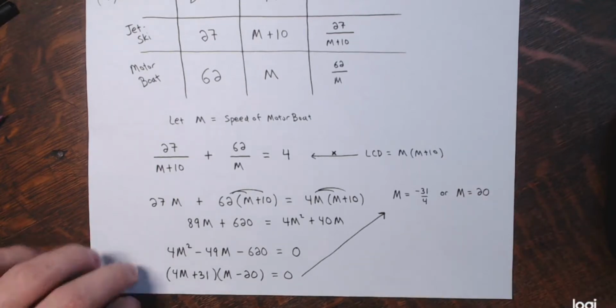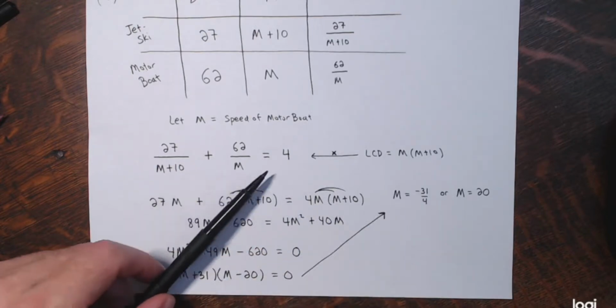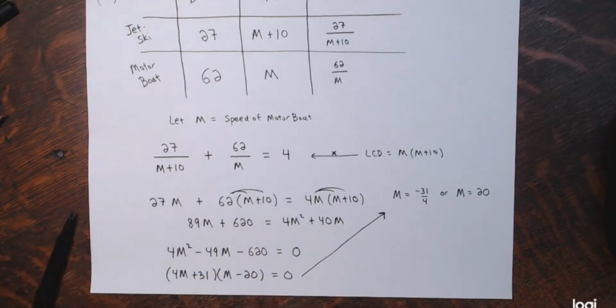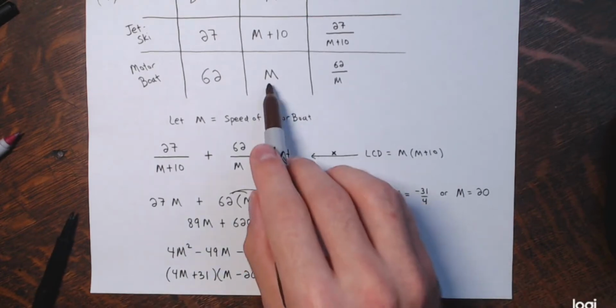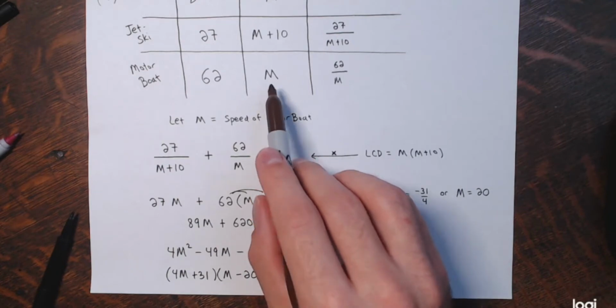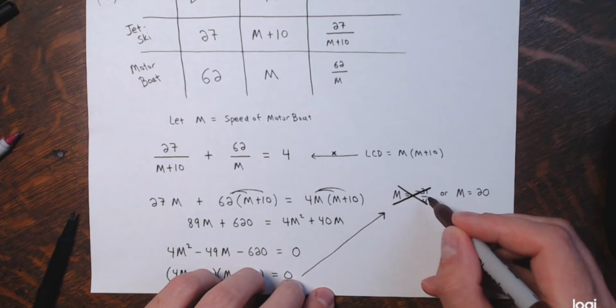And then once again, sure, both of these make the equation true, but which ones actually make sense with the problem? If m were negative 31/4, that means that the motorboat would have a negative speed, which you can't have negative speed, and so I'm getting rid of that.